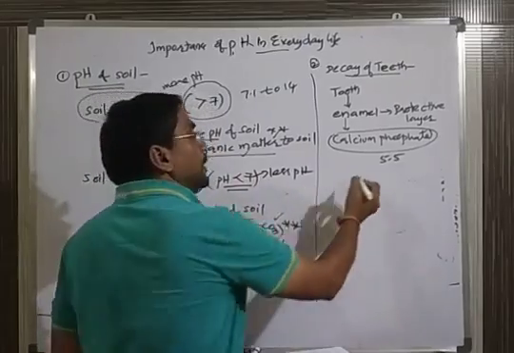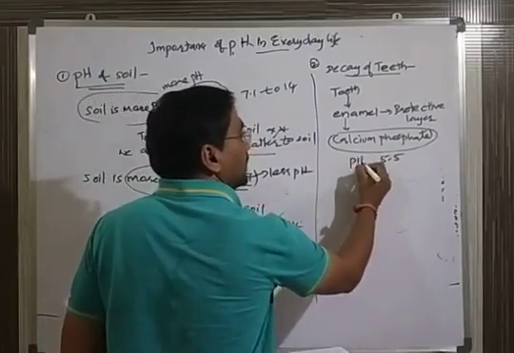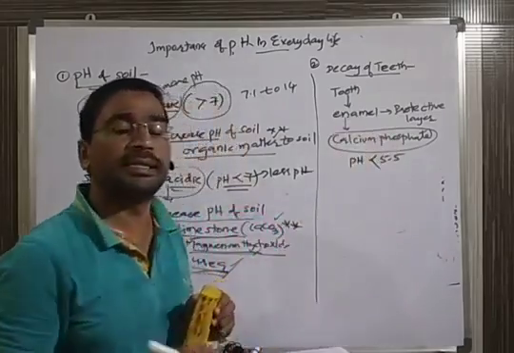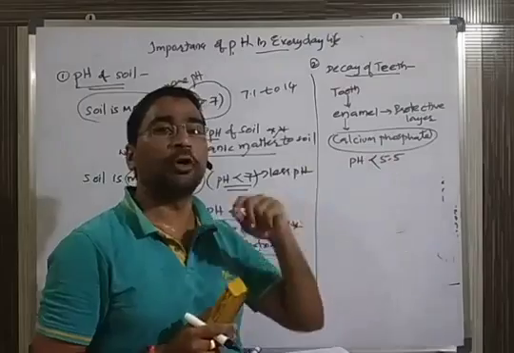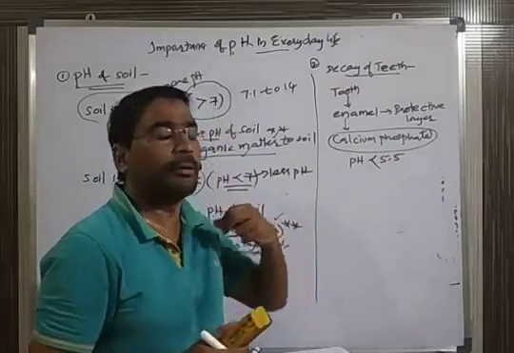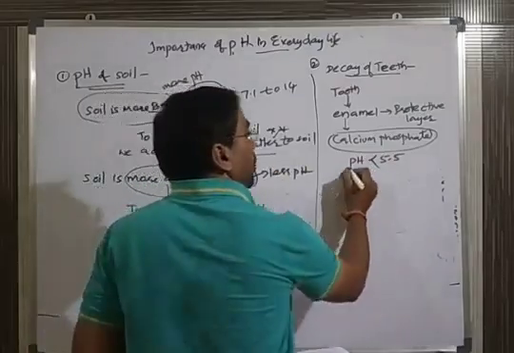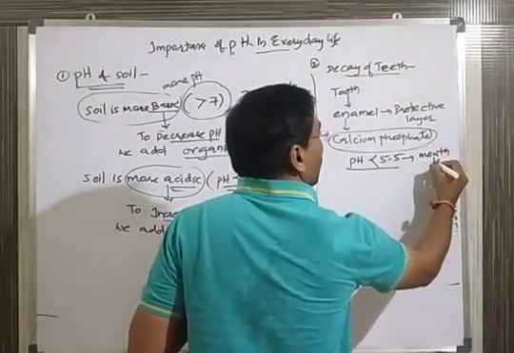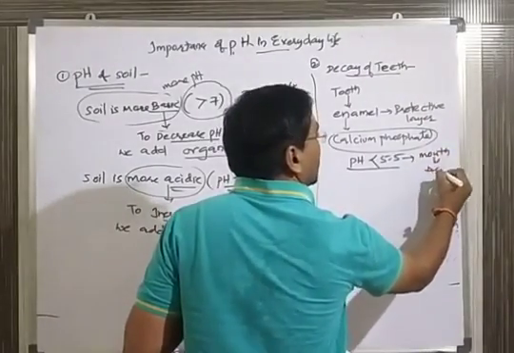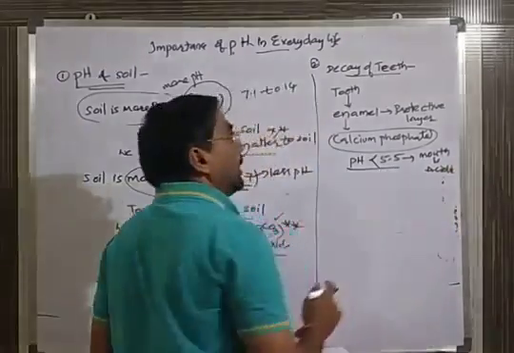Unfortunately, if the pH of the mouth is less than 5.5, it indicates that our mouth is more acidic. If the mouth is more acidic, what happens?